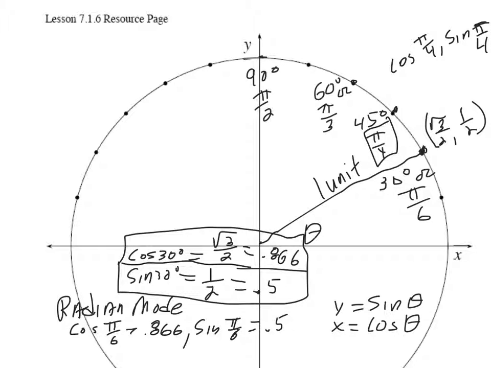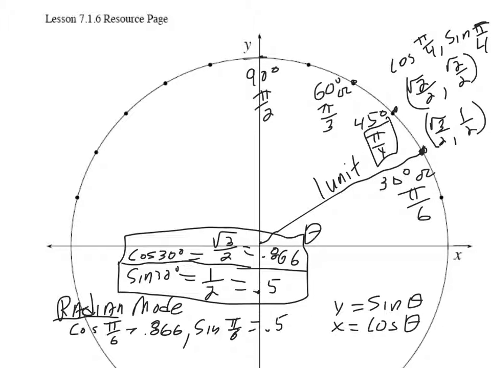So make sure you're still in radian mode with your calculator and type in the cosine of pi over 4 and the sine of pi over 4. What you should get is a value that's equivalent to the square root of 2 over 2 for both of these. So pause this and see if you get something that's equivalent to the square root of 2 over 2.